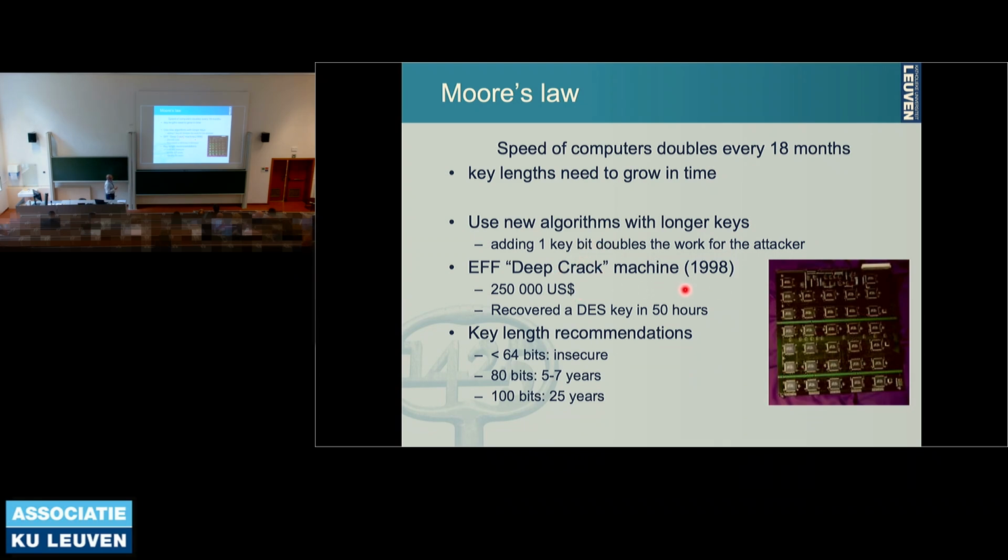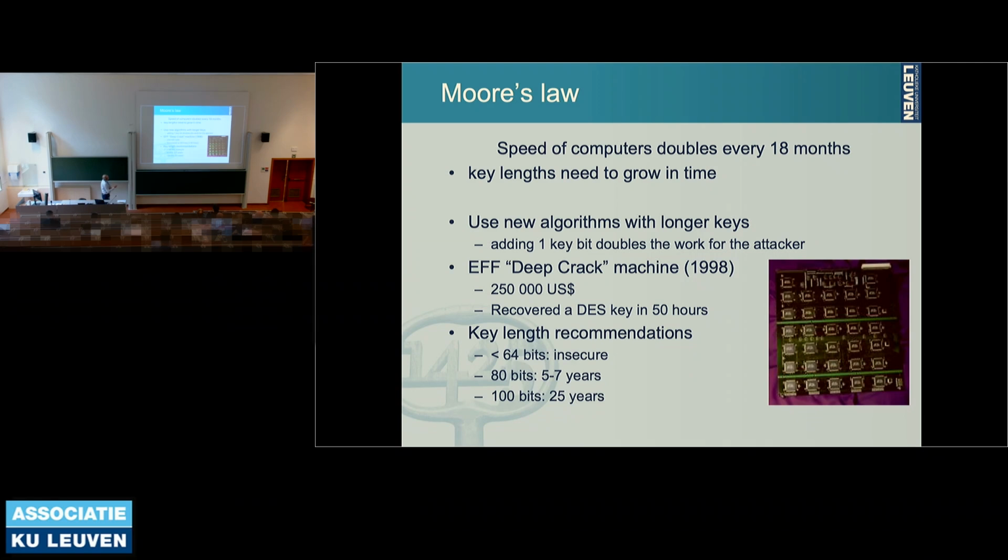So in 1998, they spent this $250,000. Half was spent on the real hardware, and half was given to the designer of the hardware. And this machine could recover a DES key on average in 50 hours. Nowadays, a couple of PCs do the same, but for that time it was fast.